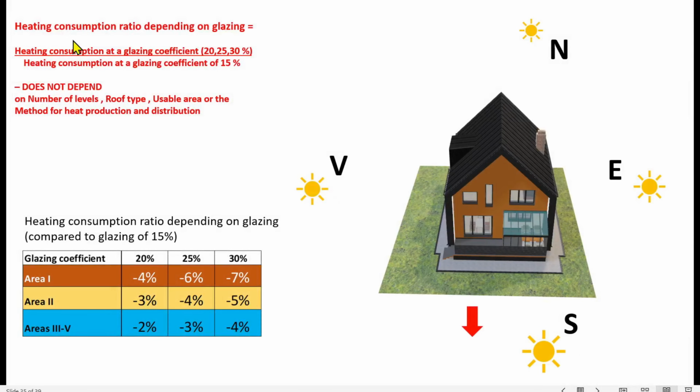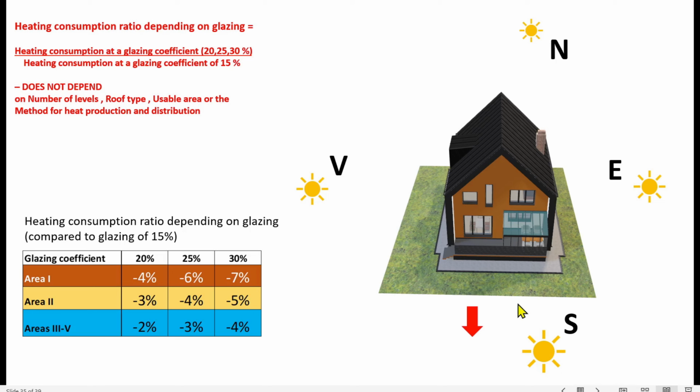This ratio, the heating consumption ratio depending on glazing, does not depend on number of levels, roof type, usable area, or the method for heat production and distribution.